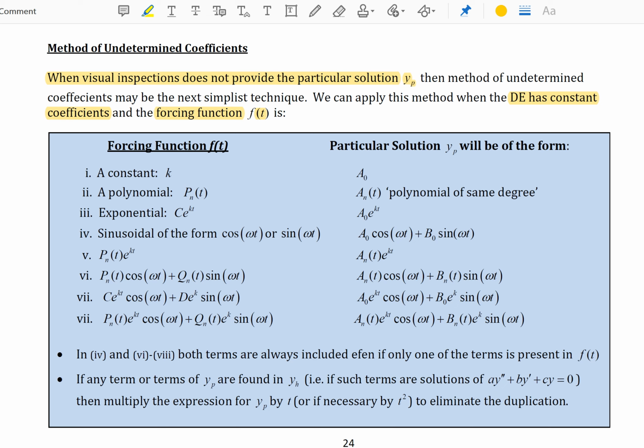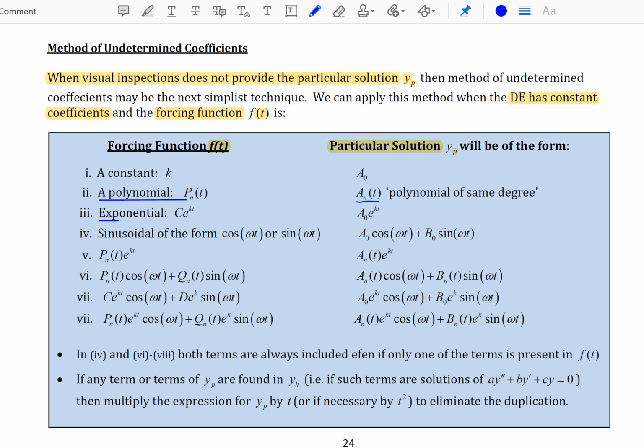If your forcing function f of t is a constant, then probably your particular solution will be a constant also. And so we use a naught to represent a constant. If your forcing function is a polynomial of degree n, then we guess your particular solution will also be a polynomial of the same degree. It will also include all of the descending powers of t.